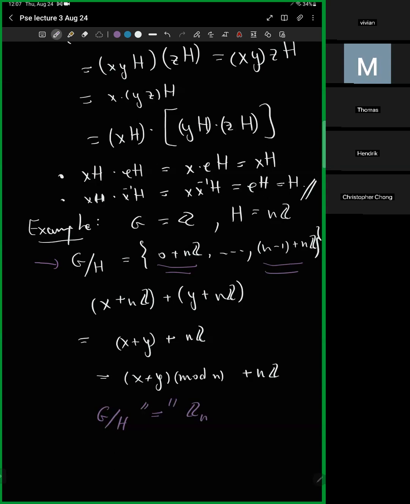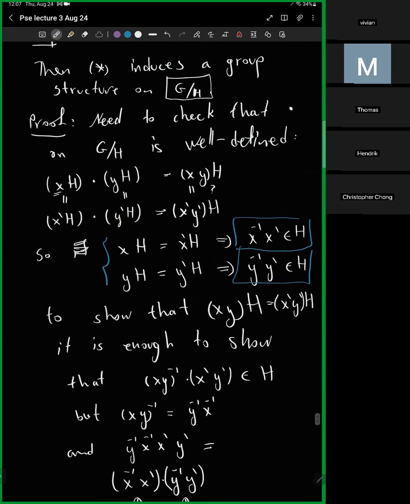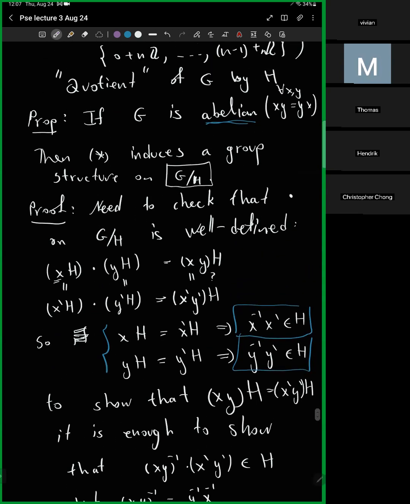It is sufficient, but not necessary. In mathematics, a condition is sufficient if it gives you what you want, but sufficient and necessary is like if and only if. So the condition that G is abelian is a sufficient condition, but it's not necessary.